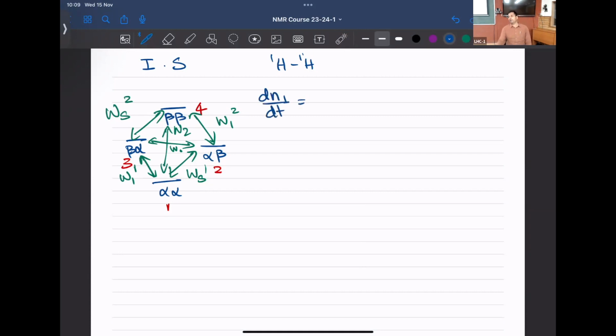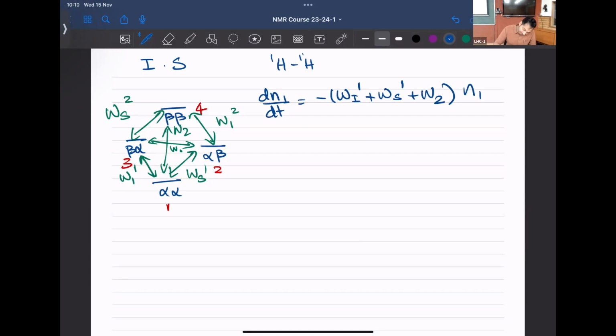As I said, in order to minimize mistakes, let me follow what Keeler does. dn1 over dt would be given by minus (WI1 plus WS1 plus W2) times n1. So therefore, I took the entire minus outside, times n1.